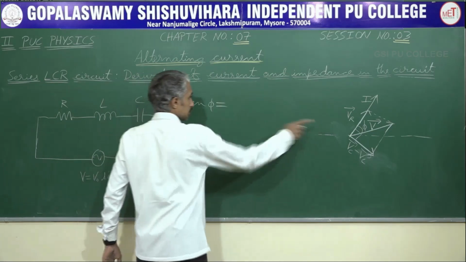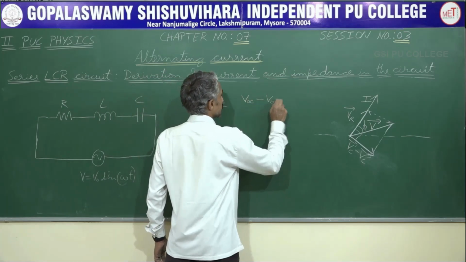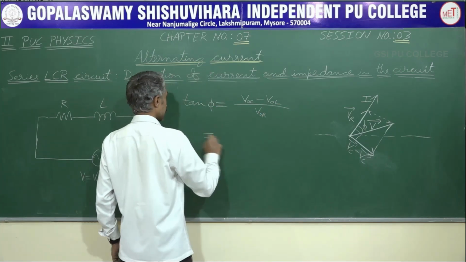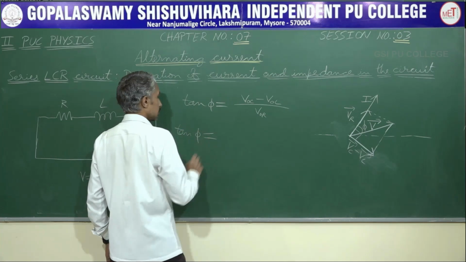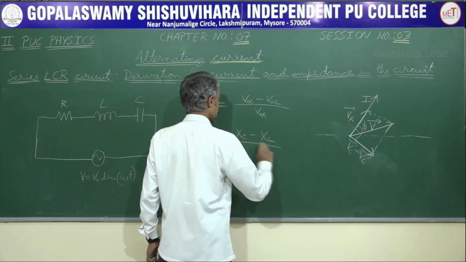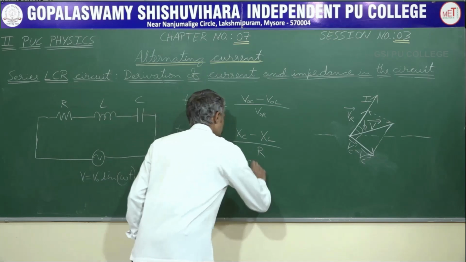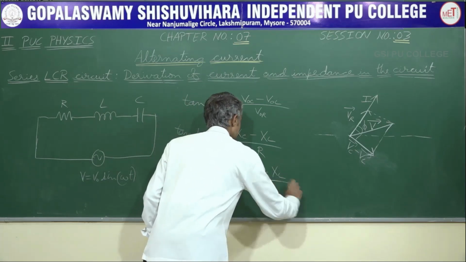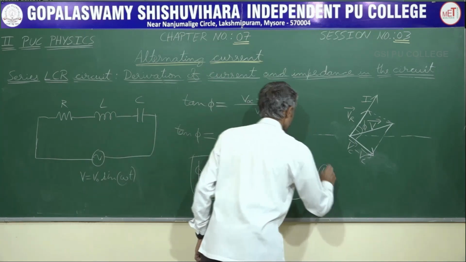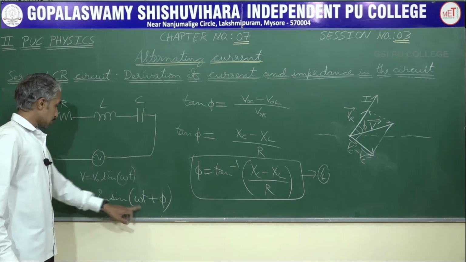And finally, using the same diagram, I can write tan phi as equal to V naught C minus V naught L by V naught R. On further simplification, I get tan phi is equal to XC minus XL by R, or phi is equal to tan inverse of XC minus XL by R. So, the current is given by I is equal to I naught sin omega t plus phi.